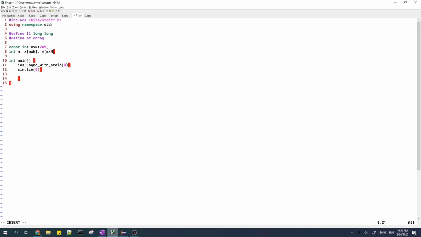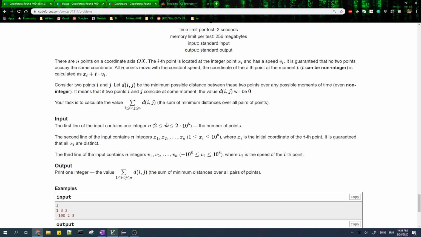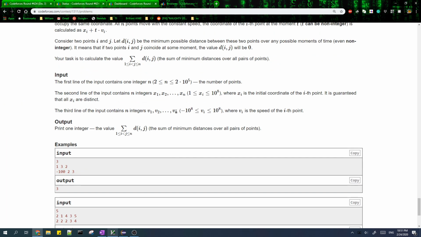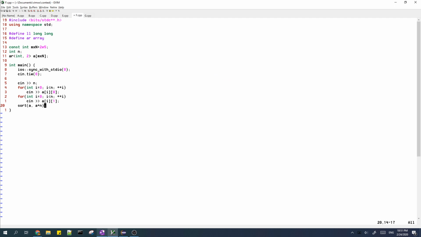All x are distinct, okay. Then we'll process them in order.